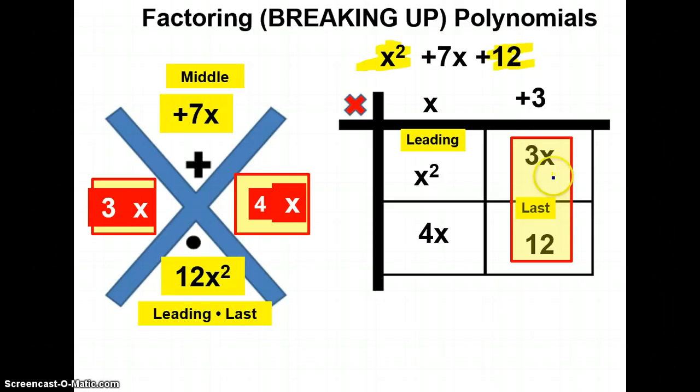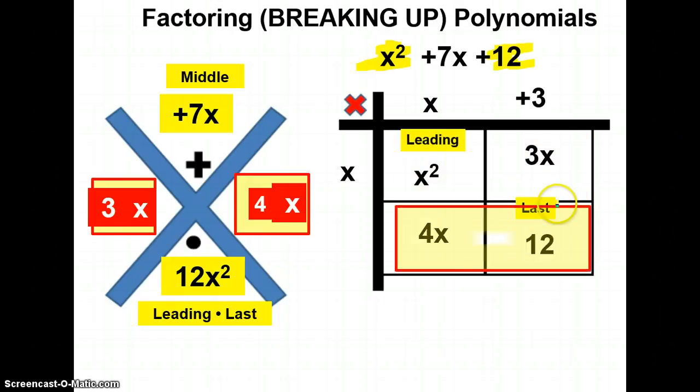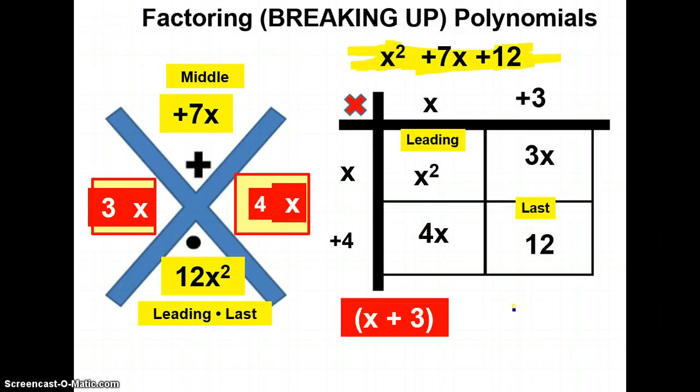What do these two have in common? And what are these both a multiple of? So I've successfully, again, broken apart this polynomial into these two pieces, x plus 3 and x plus 4.